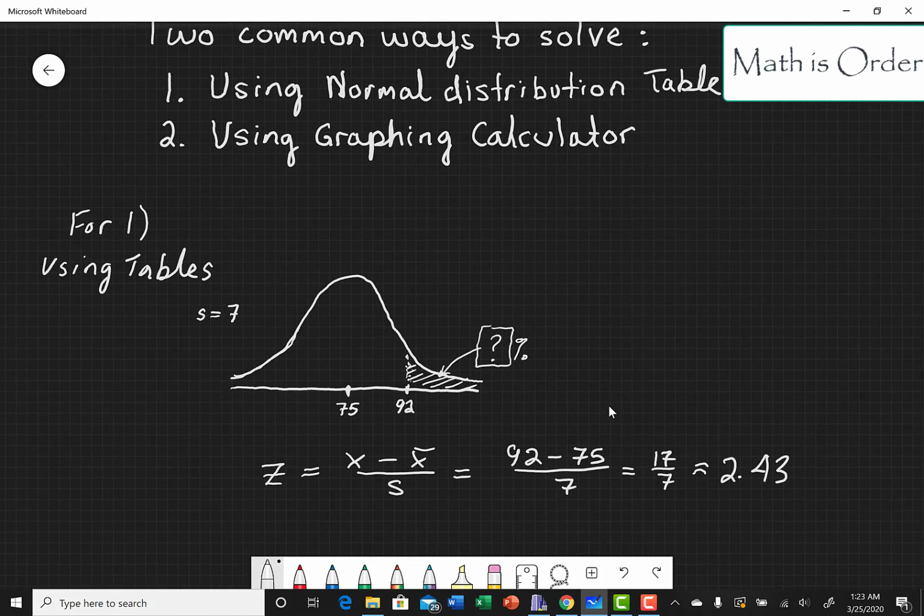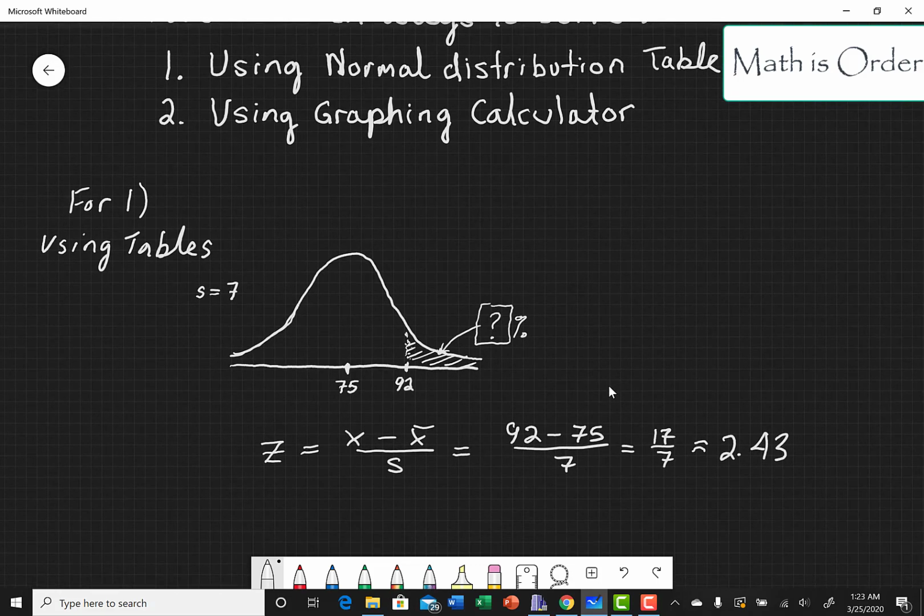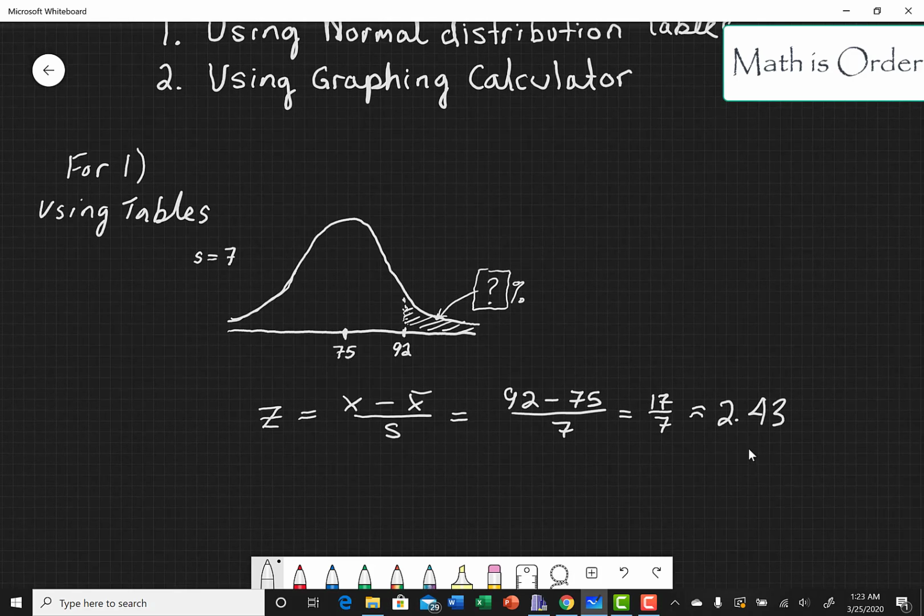Now that we know the z-score, we can look in the tables at the area corresponding to a z-score of 2.43. But again, the tables only give the left area.